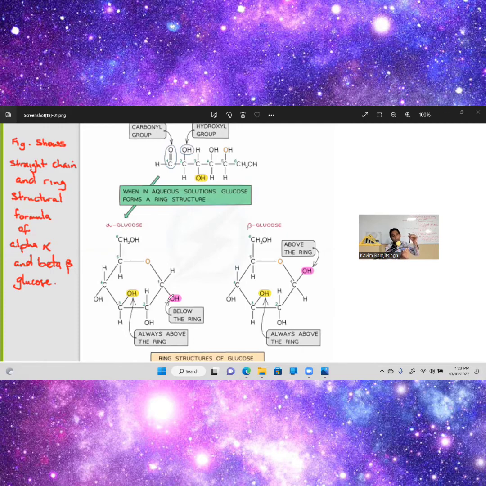So you have the alpha with them alternating, top and bottom, 1, 3 is the alpha. And with your beta, you have them both on top, 1, 3. So that is basically how you'll have to differentiate or distinguish that in your CAPE paper or draw it.